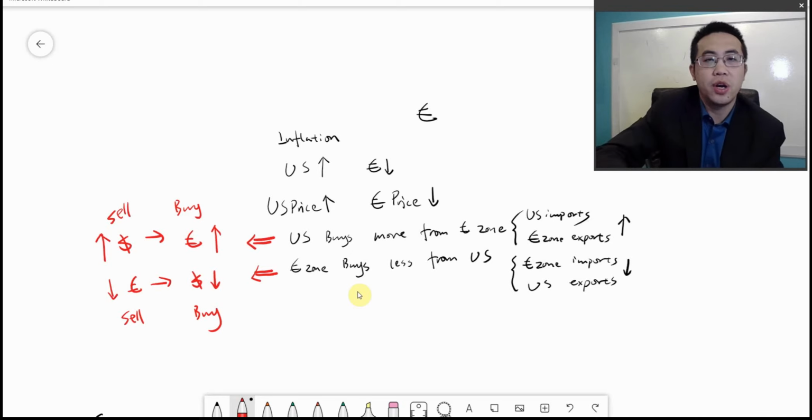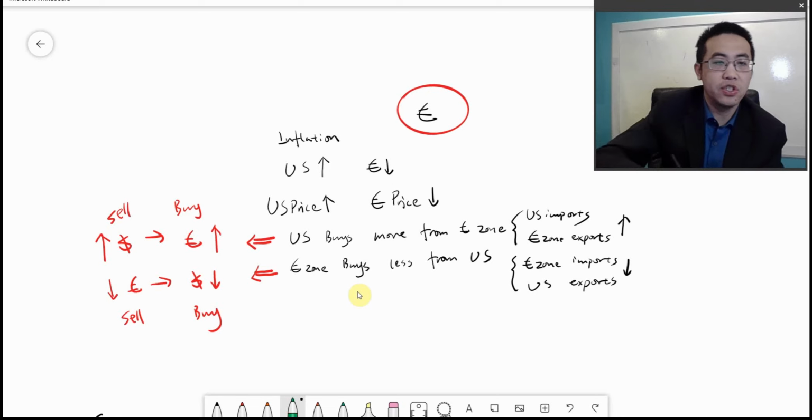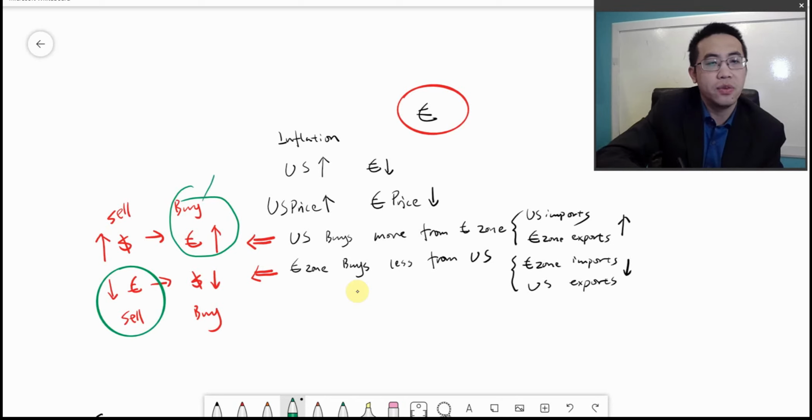Since we're analyzing the currency of the euro here, I will just pinpoint what happens to the euro's demand and the euro supply. If you are buying euros, that's demand for euros. If you are selling euros, that's supply of euros.